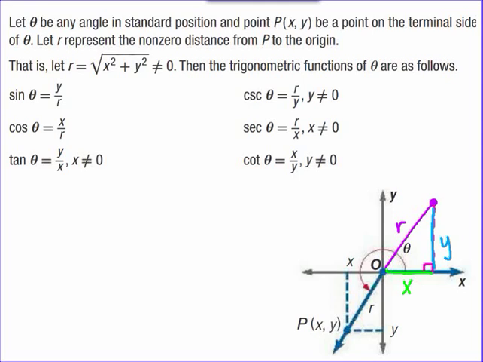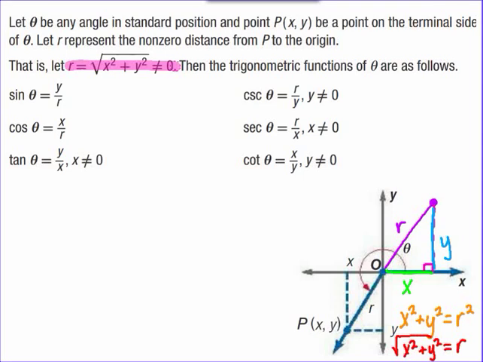Since this is a right triangle, I know that x squared plus y squared equals r squared, because that's the Pythagorean theorem. If I want to solve that for r, I can just take the square root of both sides, and that's going to equal r. That's where that statement comes from.